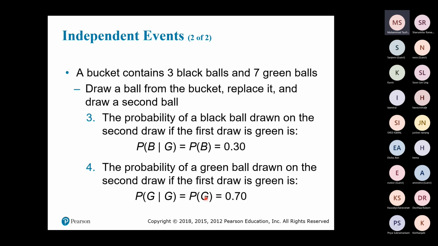So the probability of getting a green ball in the second try is the same as in the first try. The probability of getting a green ball is 7 out of 10 balls in the bucket, so the probability value here is 0.7.